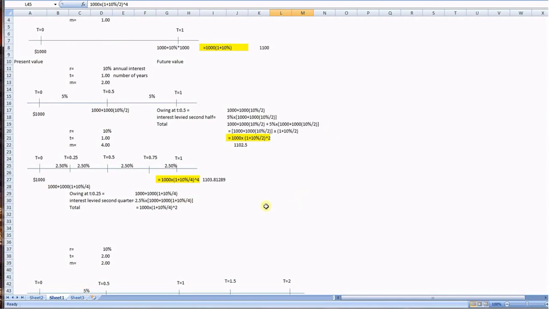So let me write down the final result. The future value, let's call it FV, is simply the present value multiplied by 1 plus interest rate R, expressed in annual terms, divided by the number of compounding periods, let's call it M, and to the power of T multiplied by the number of compounding periods.